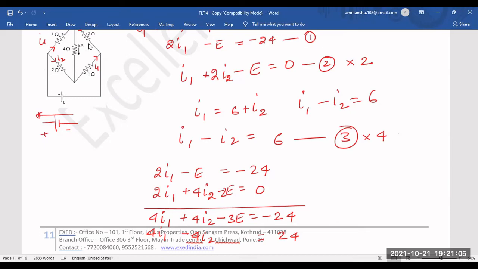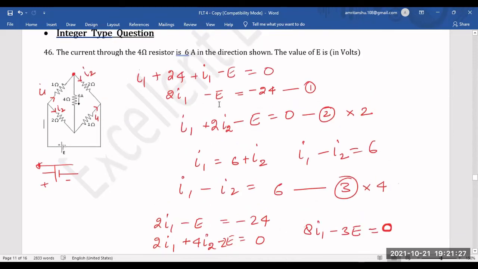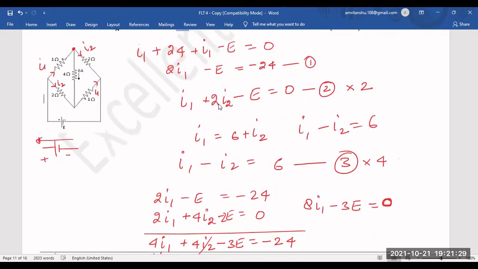Now we just need to subtract this, so I2 cancels. What we are left with is 8I1 minus 3E is equal to 0 actually. And if you just see over here, this is another equation which is 2I1 minus E is equal to minus 24.